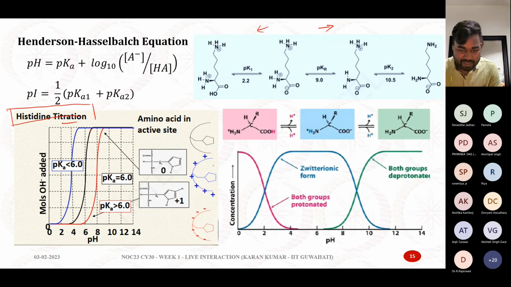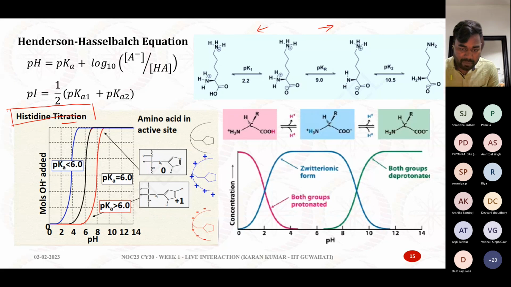But when histidine is surrounded by positively charged amino acids, what are the different positively charged amino acids? Can somebody name? Sir, histidine, arginine, lysine. Yeah, arginine and lysine. Other than histidine, arginine and lysine are the positively charged amino acids. If you see a protein, there will be multiple amino acids.